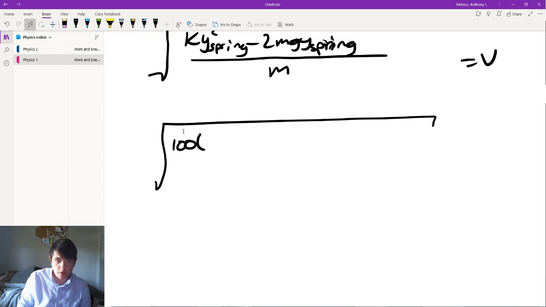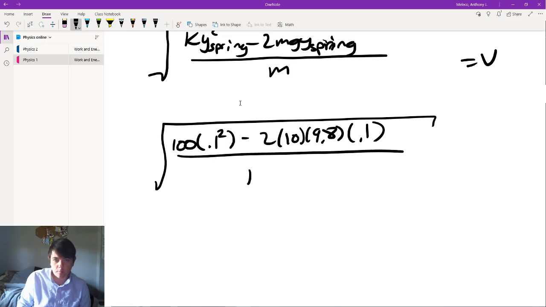And if you plug this in, y spring was 0.1 squared minus 2. I believe the mass was 10 kilograms. Yeah. y spring again, 0.1 over 10.